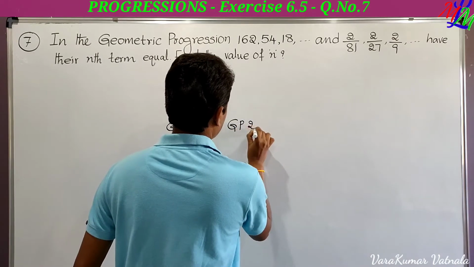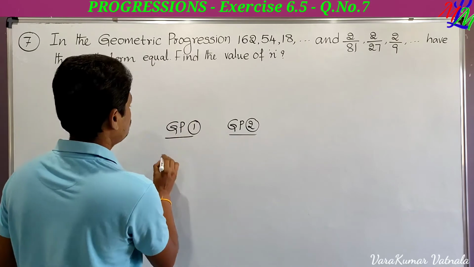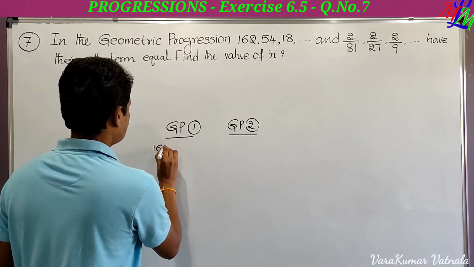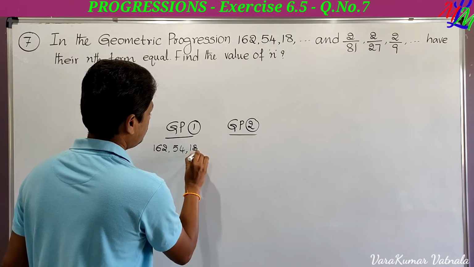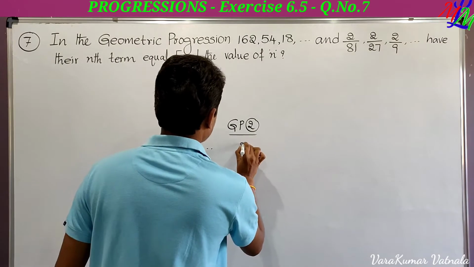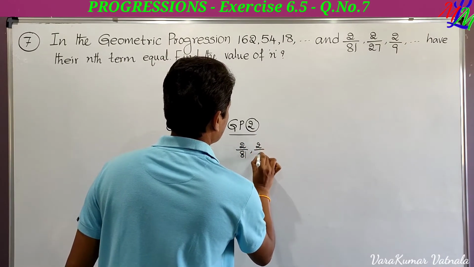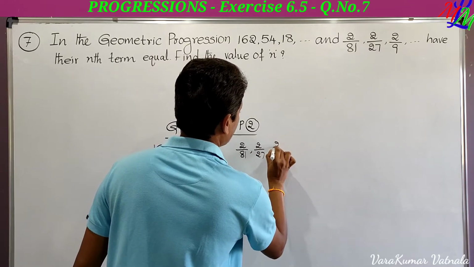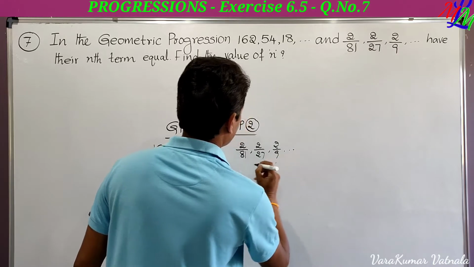The first geometric progression is 162, 54, 18 and so on. The second one is 2 by 81, 2 by 27, 2 by 9 and so on.